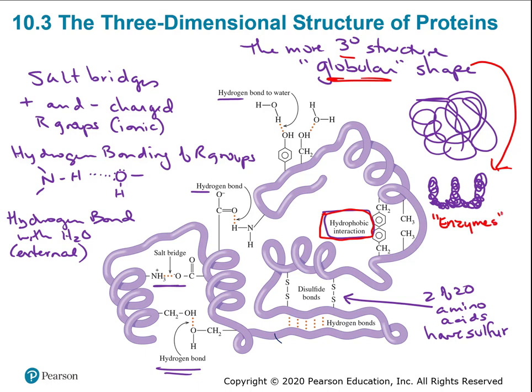Enzymes, okay? So enzymes typically have a globular shape because their shape allows them to interact with substances and speed up chemical reactions. So we'll actually talk about enzymes at the very end of this chapter because it is one of the big functions that proteins have in the body.